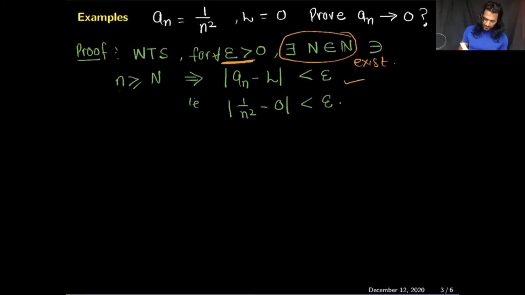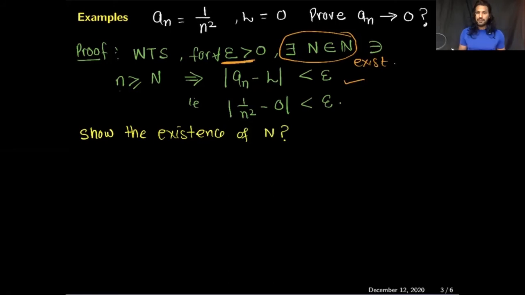So let's prove it. First, all we need to show is the existence of N, so we're going to find N, or show that N exists. Here is some scratch work.